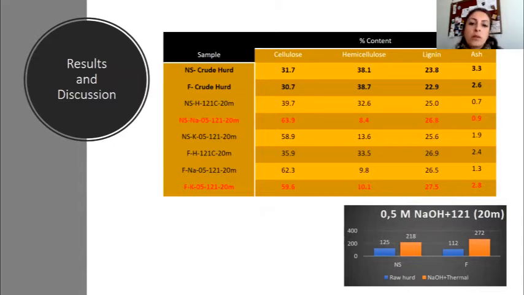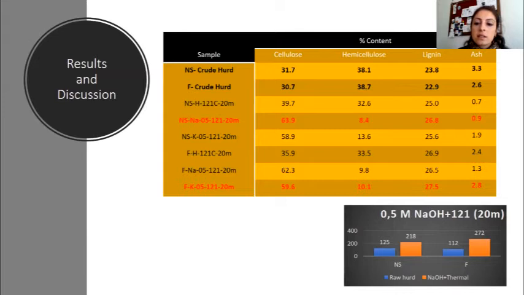And we also carried out an experiment to understand the chemical structure of hemp hurd. I mean, after pretreatment, what happened? We need to understand this because our sodium hydroxide is the best, but how?